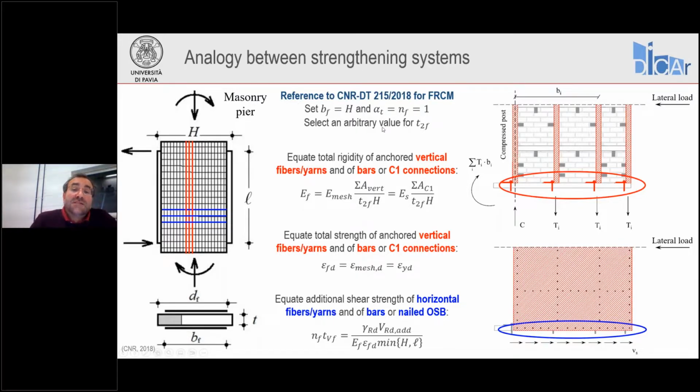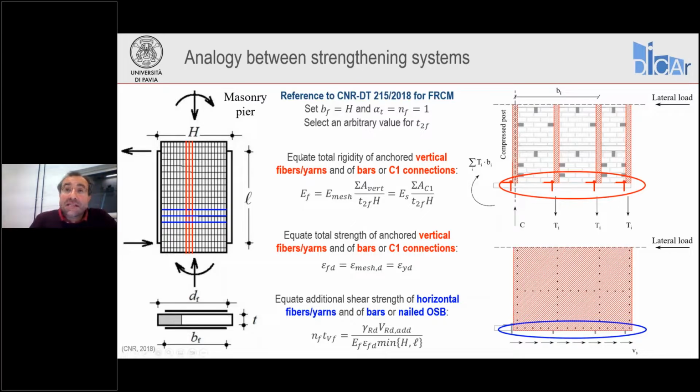And we can also select an arbitrary value for this thickness, T2F. This is the overall equivalent thickness of the FRCM strengthening. Now, we are trying to find equivalent properties, so whatever value we adopt for this is going to be fine, because all other parameters will depend on our choice for this value.